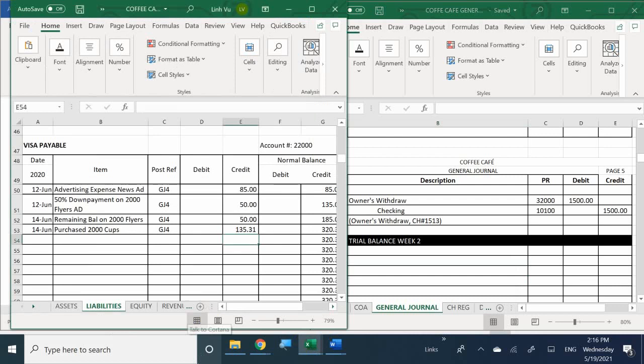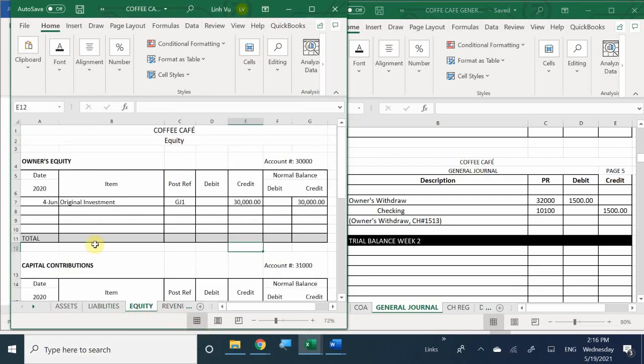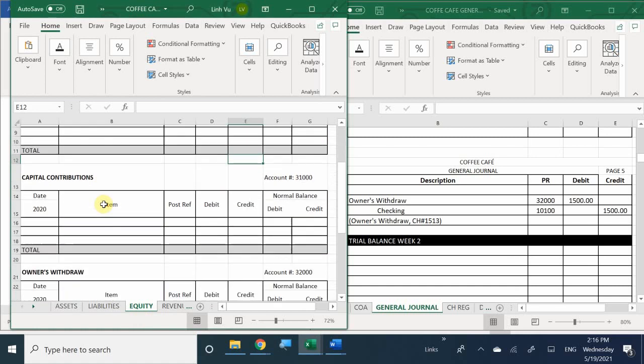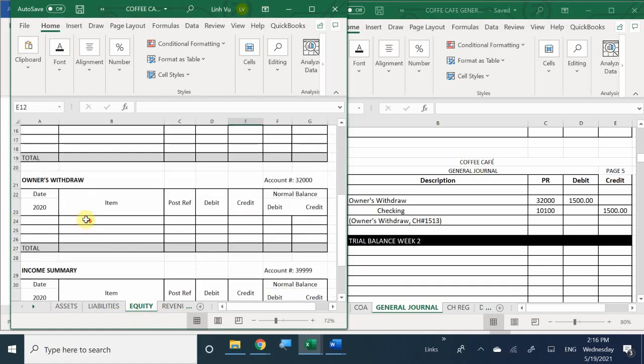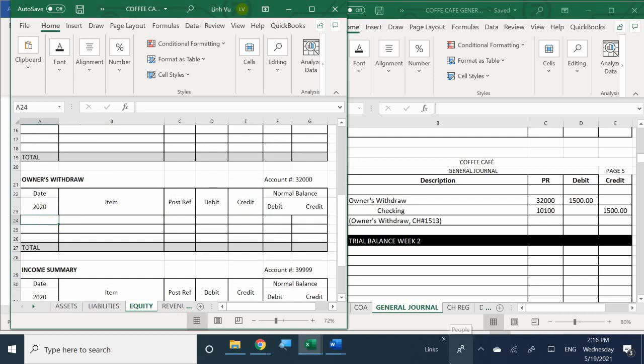So that's what I'm going to do. Go to my equity accounts, okay? Locate my owner's equity. So here it is, owner's equity. And we're going to locate my withdrawals. So it's the 14th. And I'm going to say this is a payment for owner.